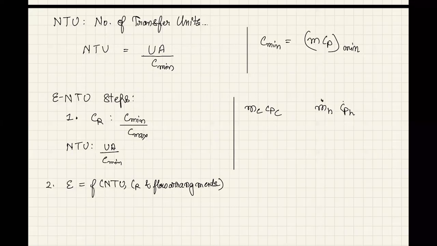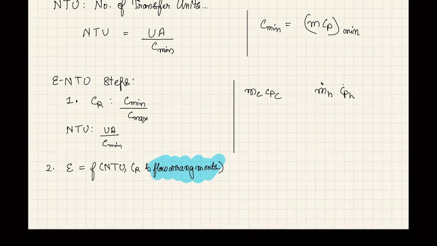So your actual epsilon will depend on that. So what they have done is they have separated the flow arrangements. So for each type of flow arrangement they have given a set of equations. So for counter flow there is an expression for epsilon in terms of NTU and CR. For parallel flow there is an expression for epsilon in terms of NTU and CR.